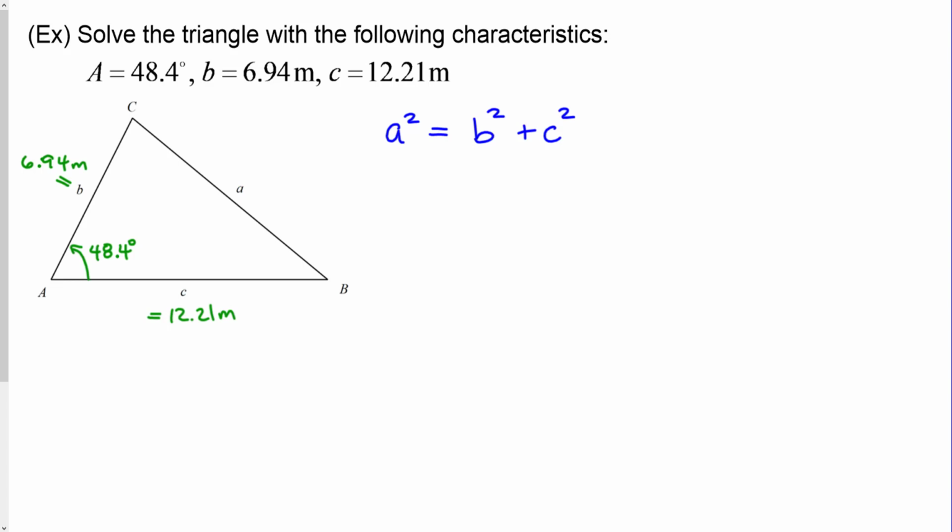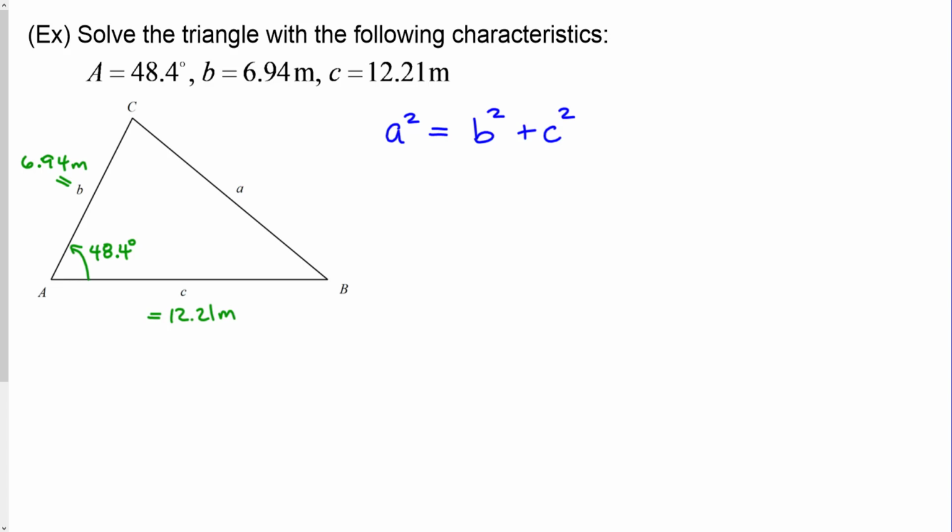So this is basically the Pythagorean identity, but notice I didn't put c squared on its own. C was always the hypotenuse in a 90-degree triangle, and that always had to be by itself. But we don't have a 90-degree angle here, so that doesn't really work. What we do is just whatever's opposite the angle that's known or the angle that we want to find out. That's what goes by itself.